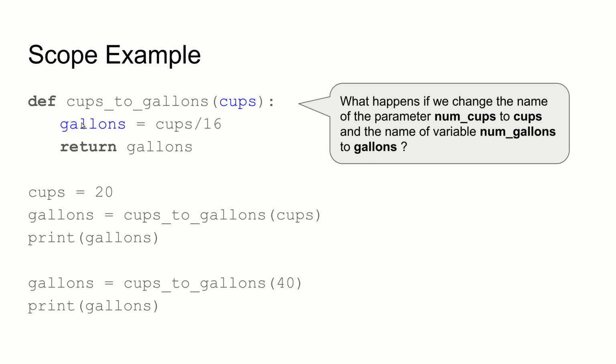And the title gallons exists in the function scope, and it exists in the global scope. And that's just fine. They're recognized as two separate scopes here. This version of cups and gallons that is local to the function stops existing once we're outside of the body of the function.